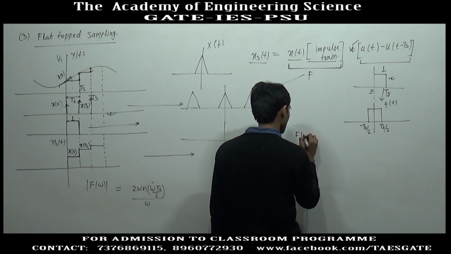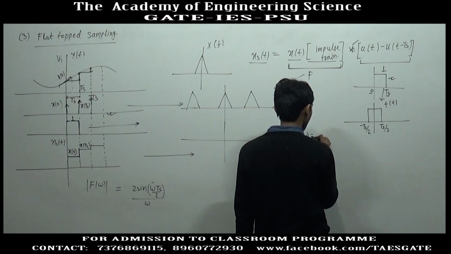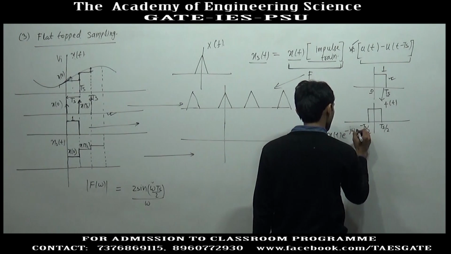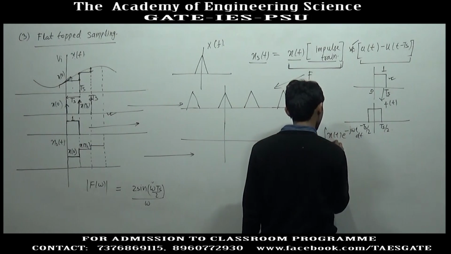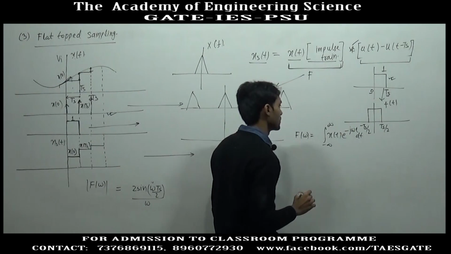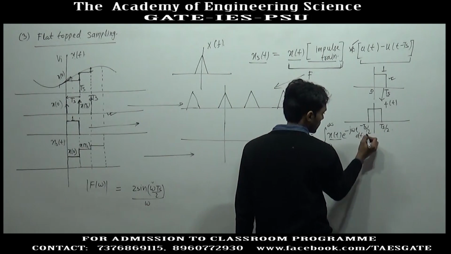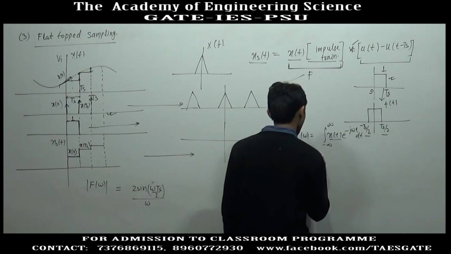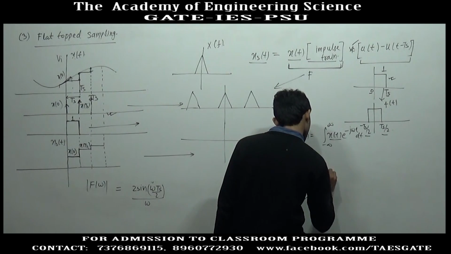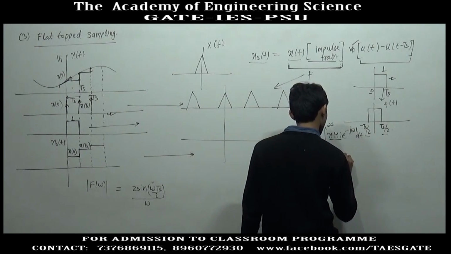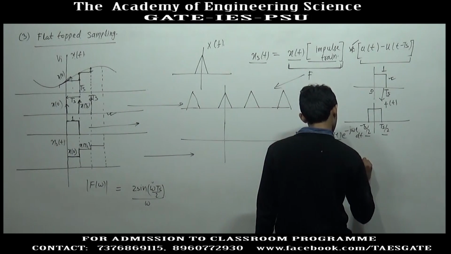So, for F(omega), we will write the formula x(t) into e to the power minus j omega t dt, integration from minus infinity to plus infinity. This is only in the range minus Ts by 2 to plus Ts by 2, where x(t) is equal to 1, e to the power minus j omega t dt.